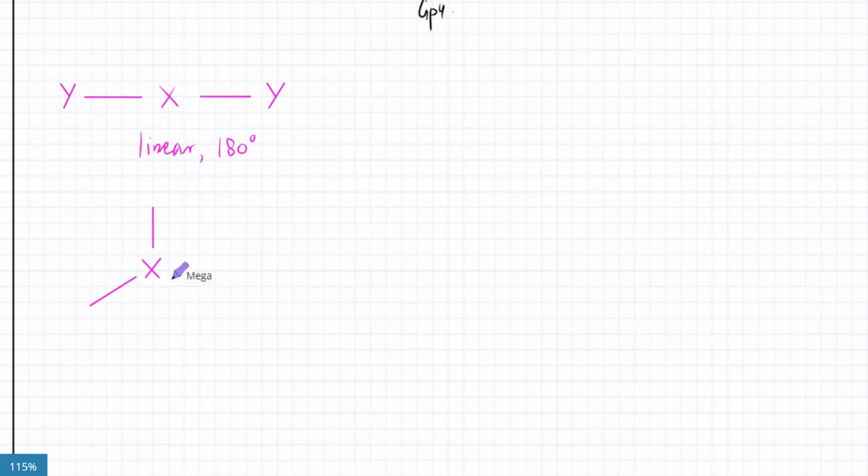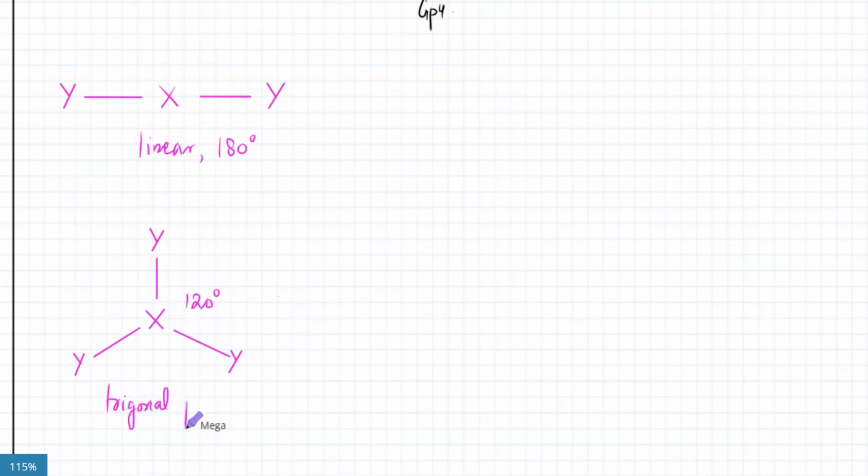The bonds are going to stay as far away from each other as possible, and all the angles are going to be 120 degrees, and this is going to be trigonal. So this one is going to be trigonal planar.